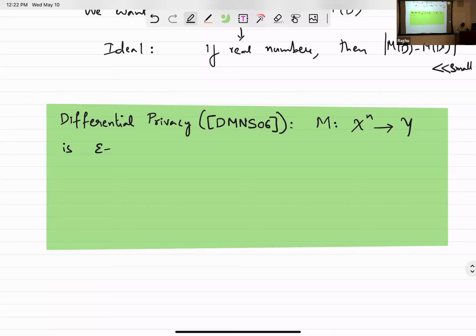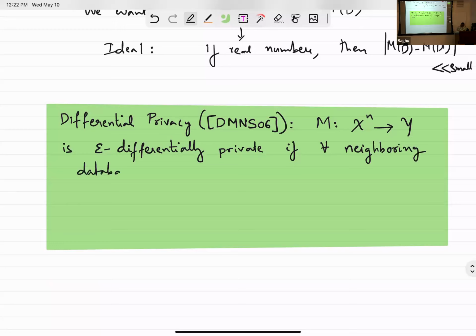It's epsilon differentially private if for all neighboring databases, the output is taking some values. It could be real numbers, it could be vectors, it could be zeros and ones, whatever.